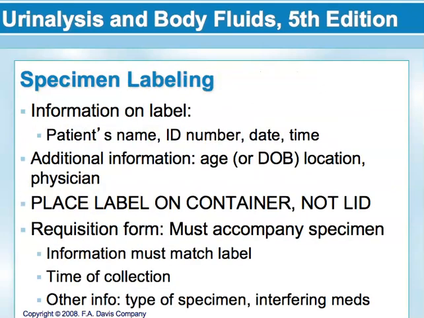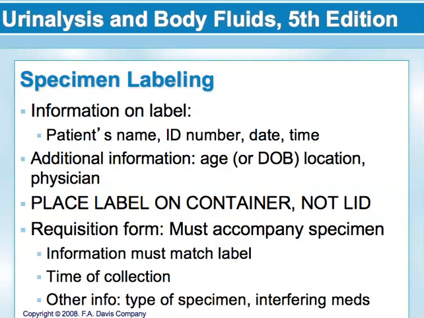Okay, specimen labeling. At the very least, all samples should be labeled with patient's name, ID, date, and time of collection. Some additional information that can be included with the sample includes the patient's age or date of birth, location, and the healthcare provider's name.